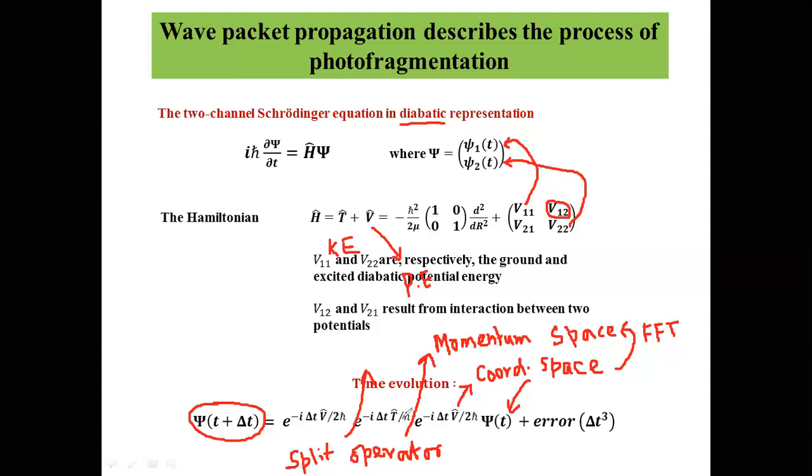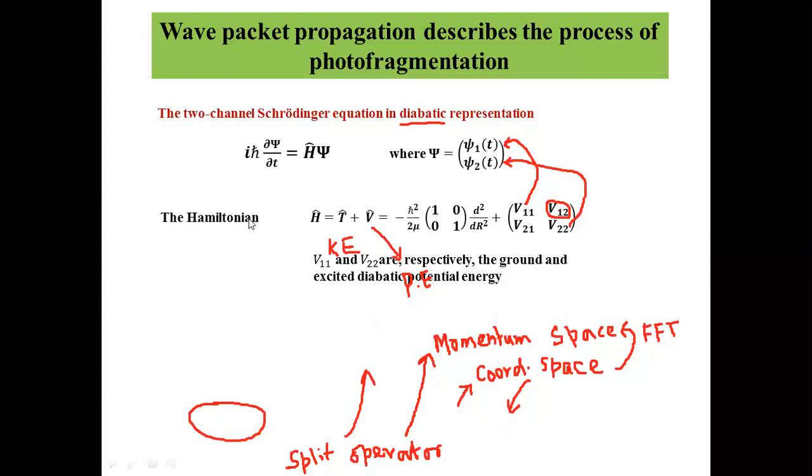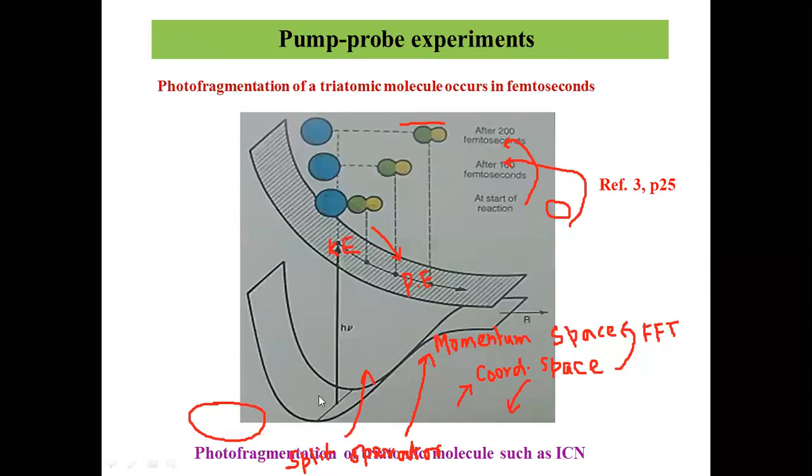So why am I going for this? This is because if you think about the wave packet dynamics, what I said here. When this function moves, I take the ground state wave function, I excite this, it goes to the excited state, and quantum mechanically the description is how the wave function evolves in time on this potential energy surface, right?